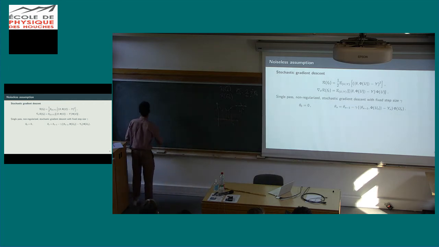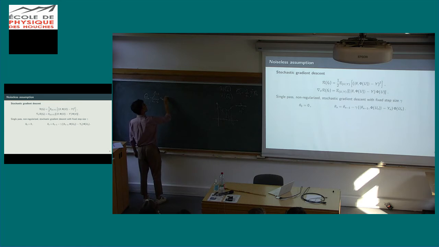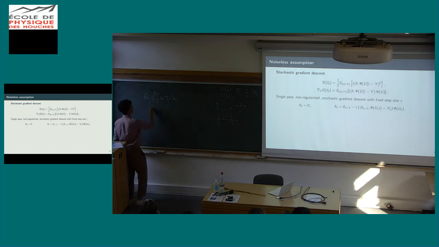You will use that theta n is a linear combination, from k equal 1 to n, of alpha k phi of uk. And instead of storing theta n, you're going to store the uk and alpha k.